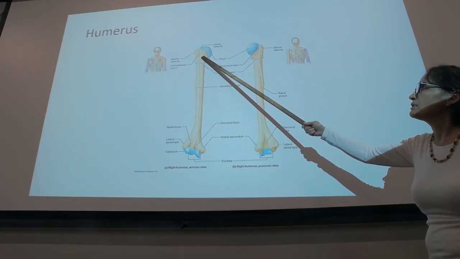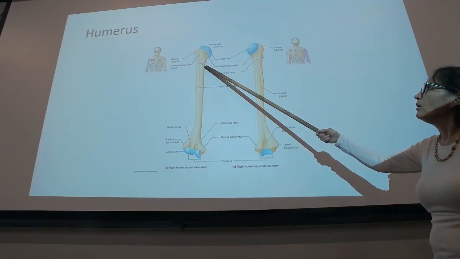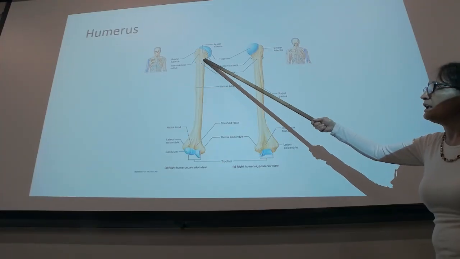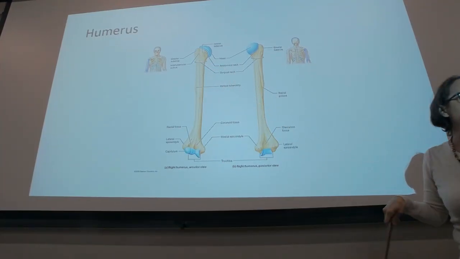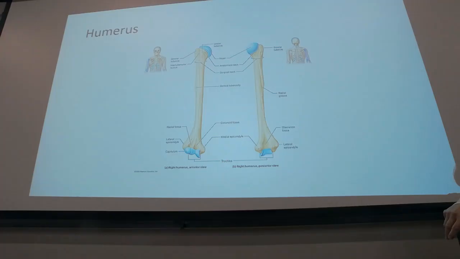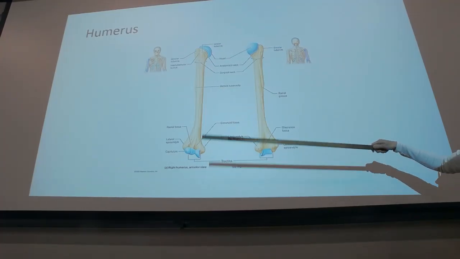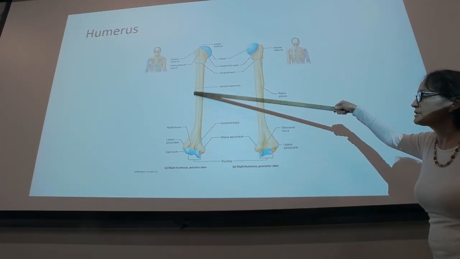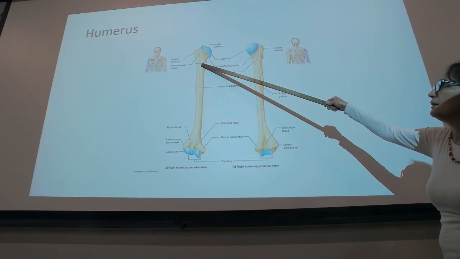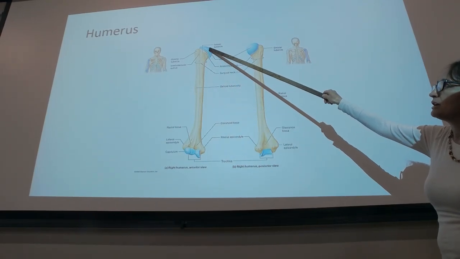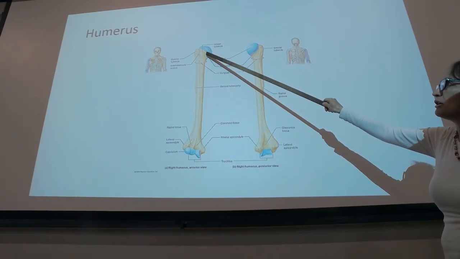And then below these two tubercles, we have another neck that is called the surgical neck. It's close to the body or shaft. The anatomical neck is next to the head, so it's a little bit more proximal.